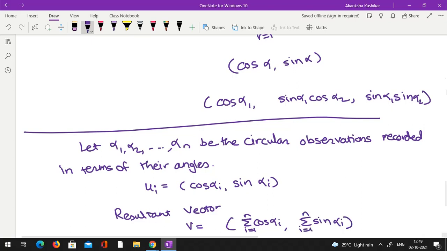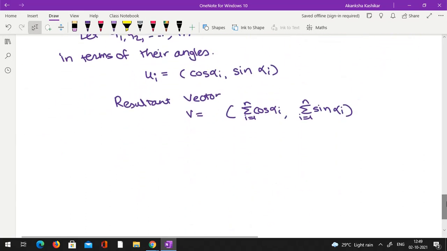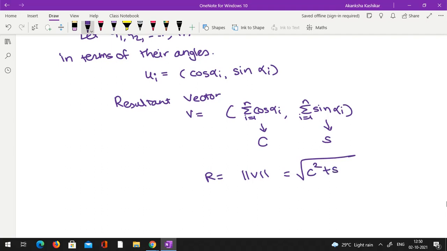Okay, this is a resultant vector. Let me call these capital C and capital S. And then we define the magnitude of this resultant vector. The norm of V would be the square root of C squared plus S squared, correct? This is how we define the norm of a vector.